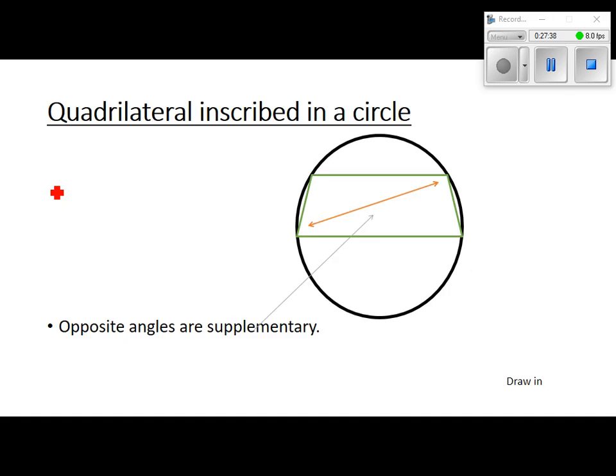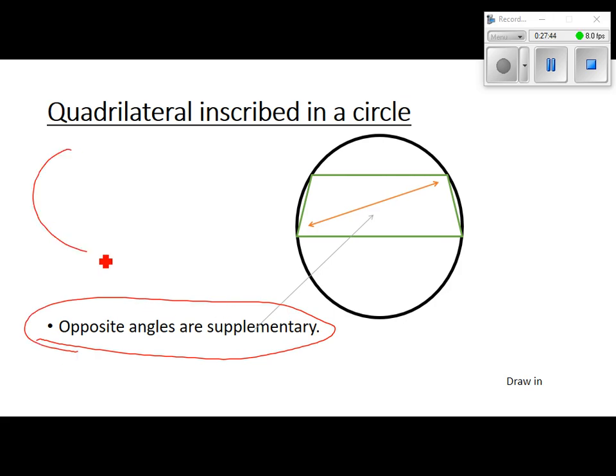A quadrilateral inscribed in a circle, this is just a quick rule. Any quadrilateral, any 4-sided figure that's inscribed in a circle, you could draw it right now and make it look however you want it to look. If it's inscribed in a circle, the angles that are opposite each other have to add up to 180 degrees.